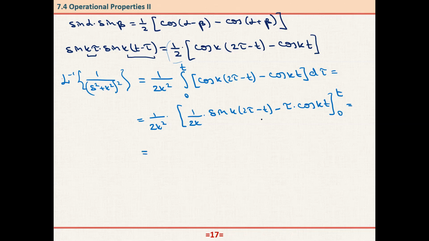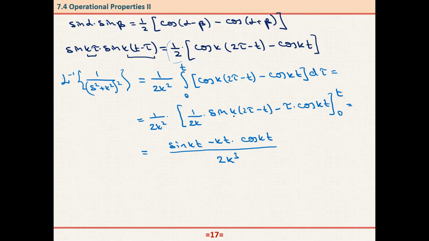Equals, now if you evaluate this integral, what do we have here? Here we have sine of kt, because of this one. Just substitute here: kt minus k times t times cosine of kt over 2k cubed, because of this k times k. Then substitute t for tau, 2t minus t.